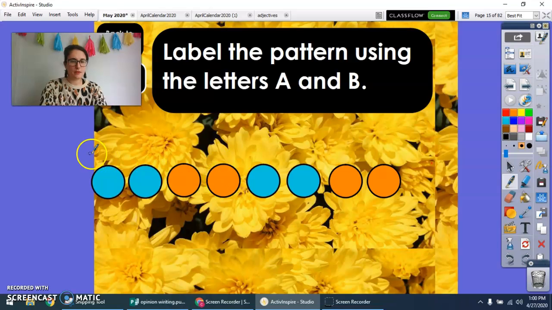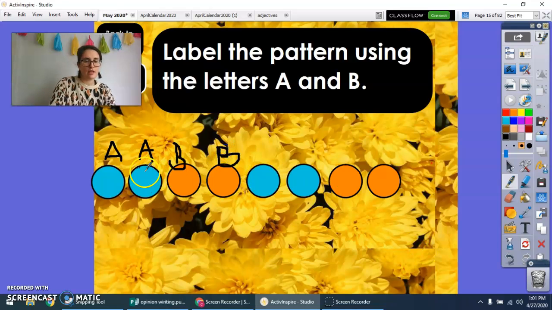All right, so I'm going to get ready. So I have an A here, because I always start my pattern with A. Oh, and I have the same color, so that's also going to be an A. All right, now I changed color, so it can't be an A. It has to be a B. And then I have another B, because it is also orange. Oh, that B was wonky. All right, so A, B, B. So now we know the blues are A's and the oranges are B's.